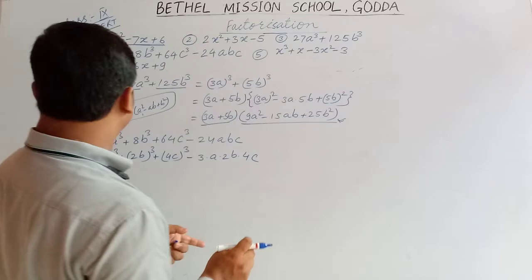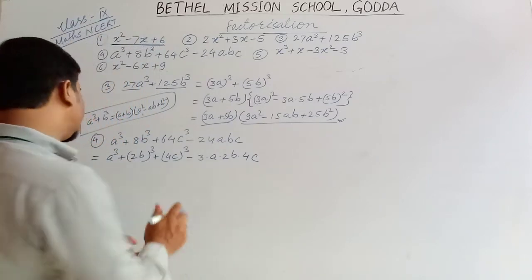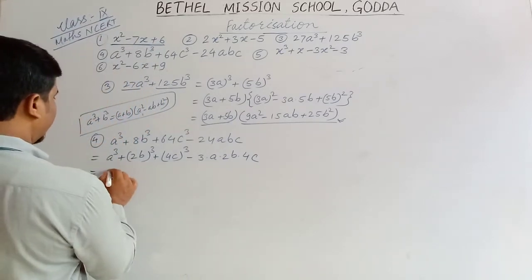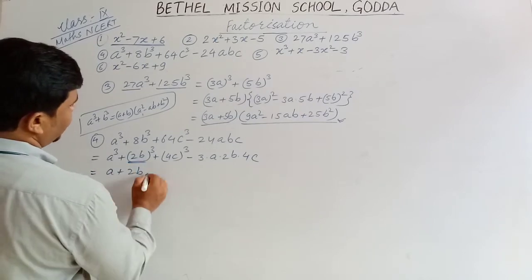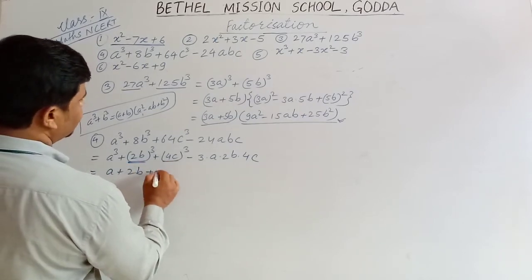and yes, we have already known a cube plus b cube plus c cube minus 3abc equal to a plus b plus c into a square plus b square plus c square minus ab minus bc minus ca. In the place of b there is 2b, and in the place of c there is 4c.